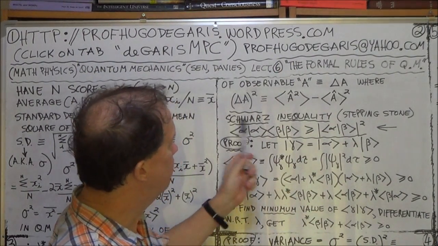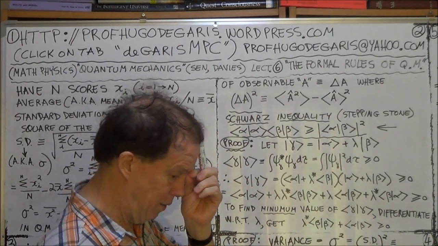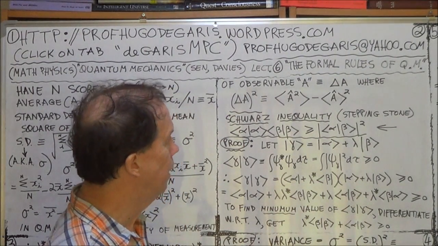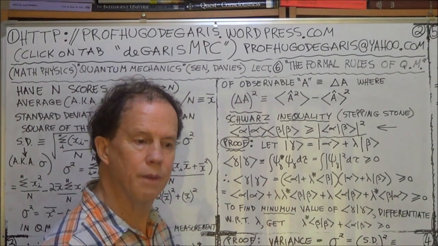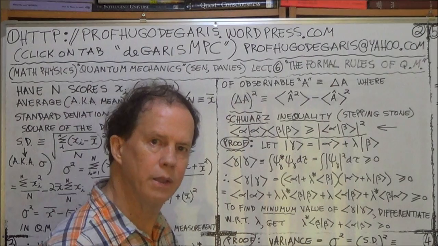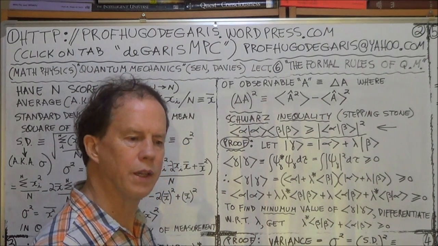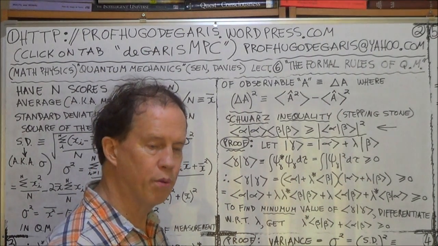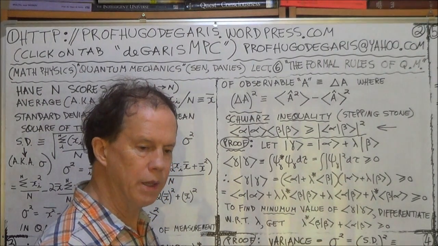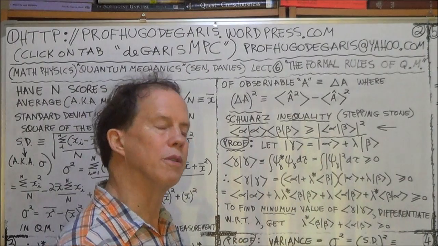Now, before I get into the derivation of the generalized Heisenberg uncertainty principle, I need a stepping stone. I need what the mathematicians would call a lemma, L-E-M-M-A. A lemma is sort of like a mini proof that's preparatory. You need a prerequisite result, if you like.